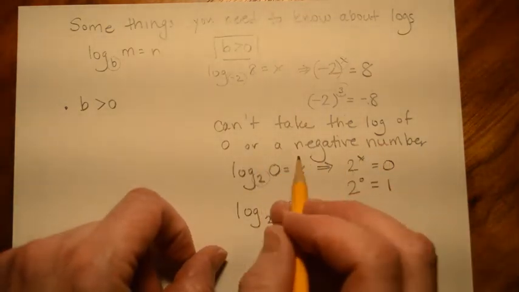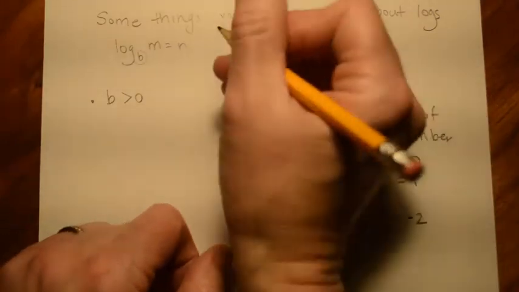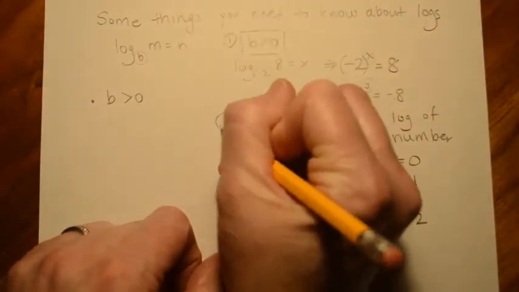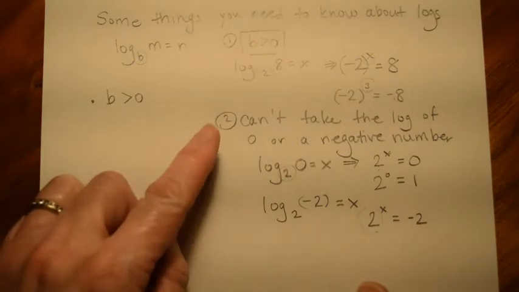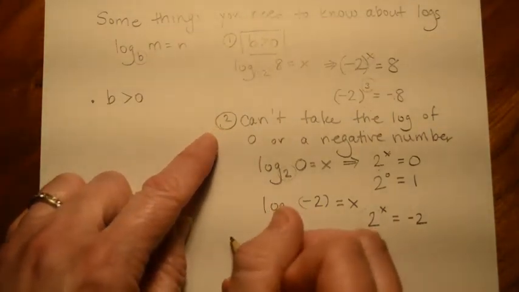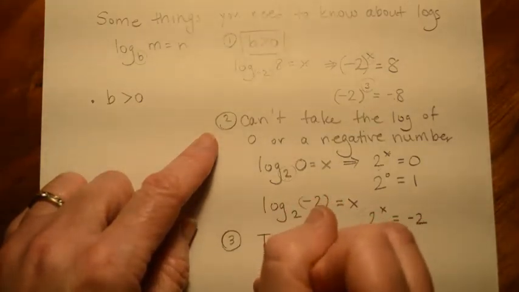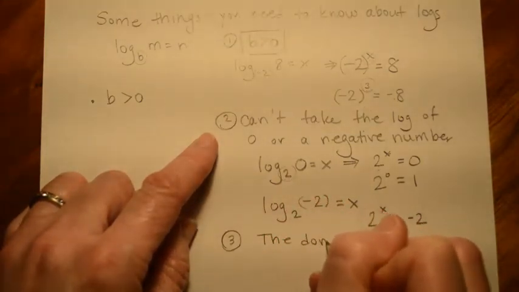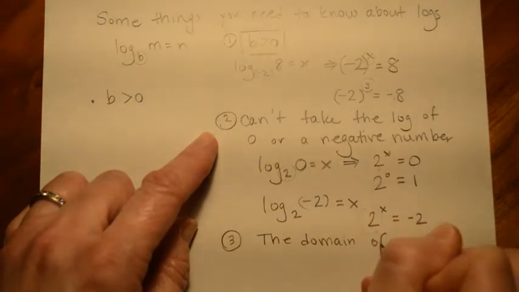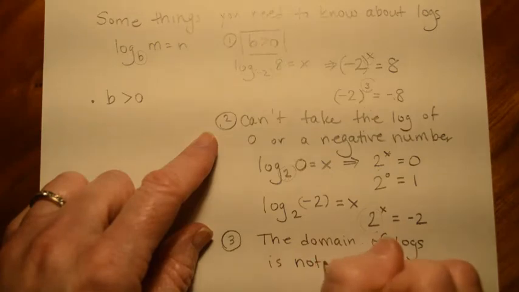We can't take the log of 0 or a negative number. So let's put this as 1. Let's put this as 2. The conclusion that we can make, or a deduction that we can make from this, is that I now have a restricted domain. The domain of logs is not all real numbers.